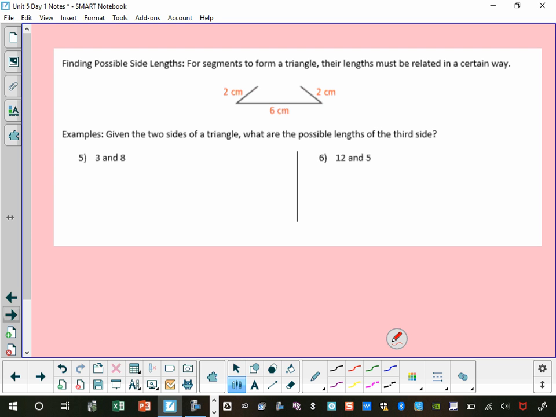Number 5 says, given the two sides of a triangle, what are the possible lengths of the third side? At first we learned the inequality way of doing it. The inequality way is, what if I had the numbers 3 and 8 and x?